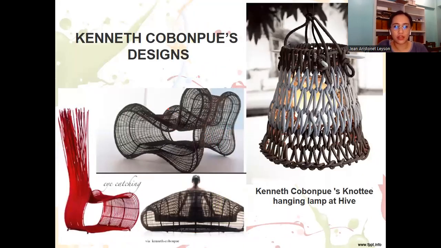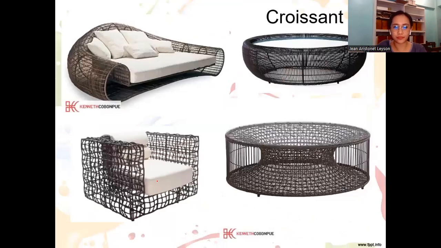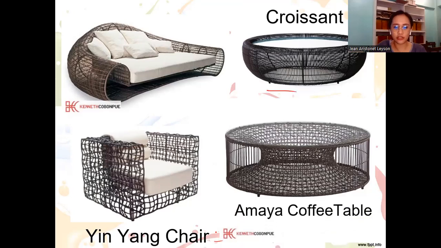This is Kenneth Cobonpue's design. His furniture has different forms to it. This is a croissant, that's the yin yang chair. It's a Maya coffee table, and what's this? That's the croissant sofa.